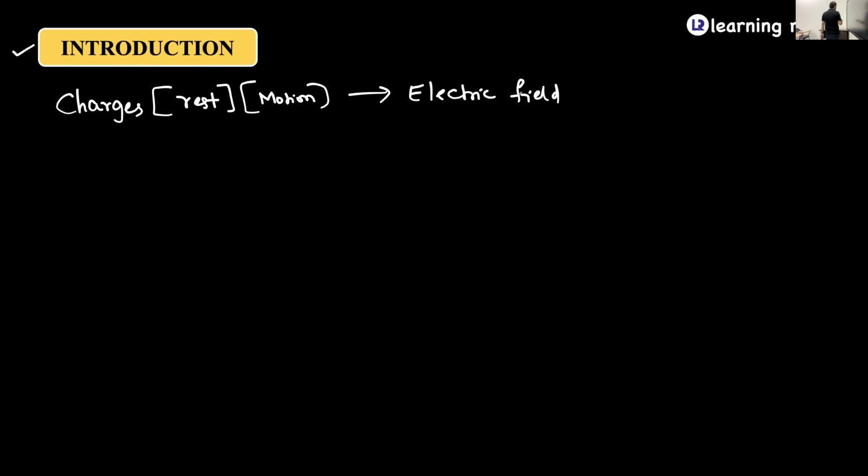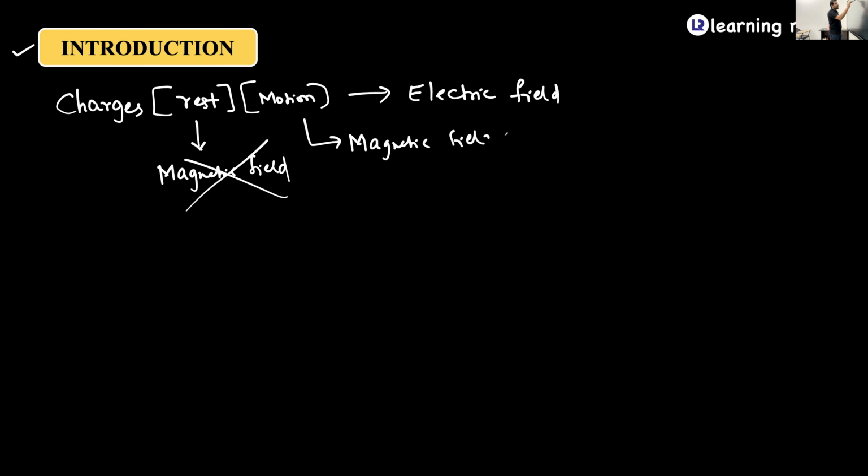But if the charge is at rest, there is one field that does not get generated, which is the magnetic field. When the charge is at rest, there is no question of a magnetic field. Whereas when you put the same charges into motion, a magnetic field gets generated.